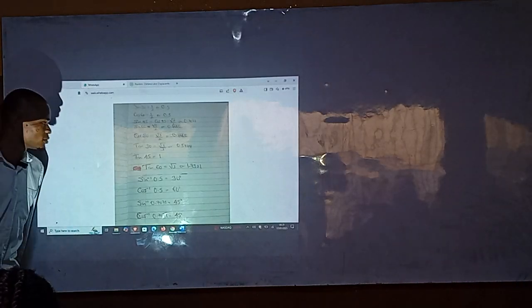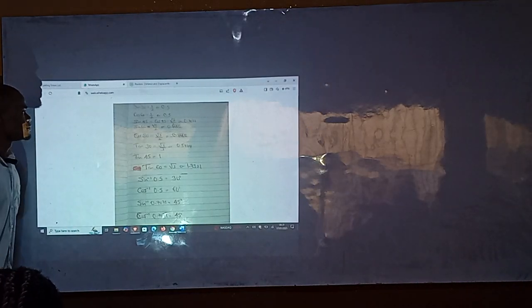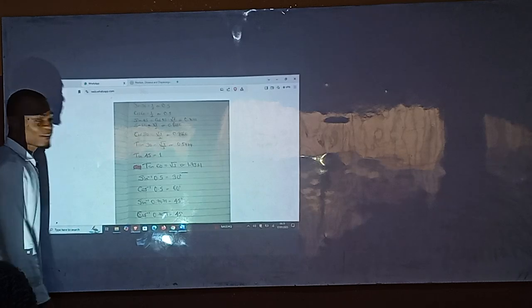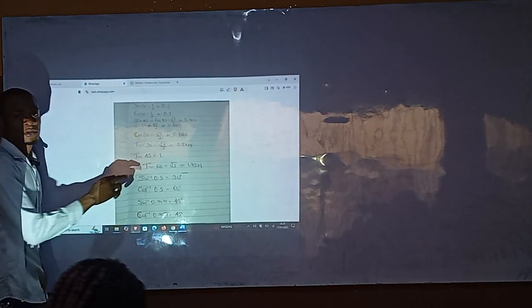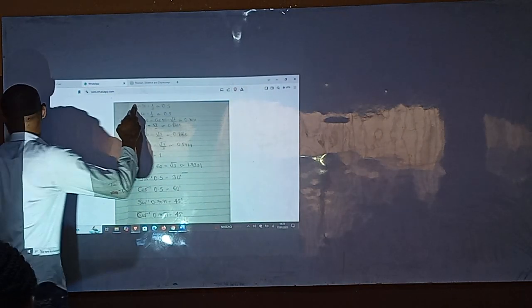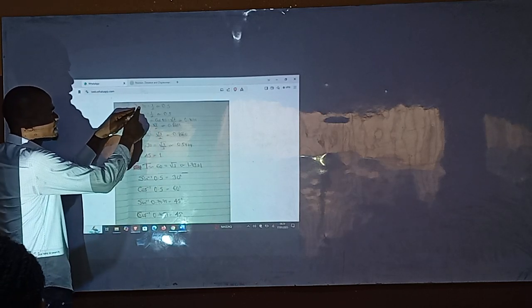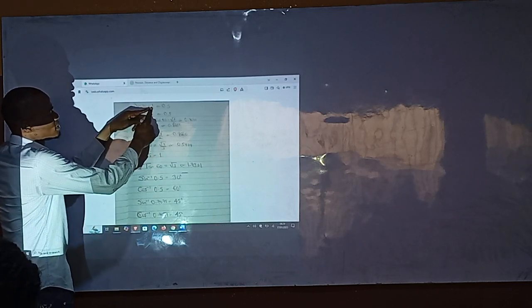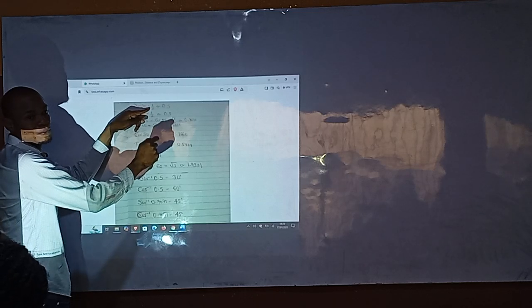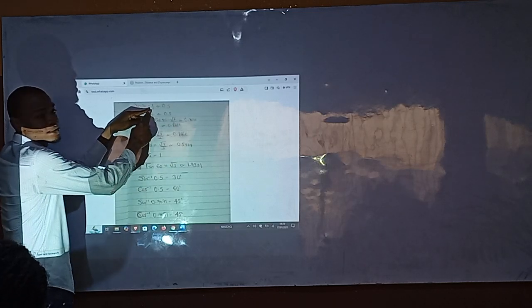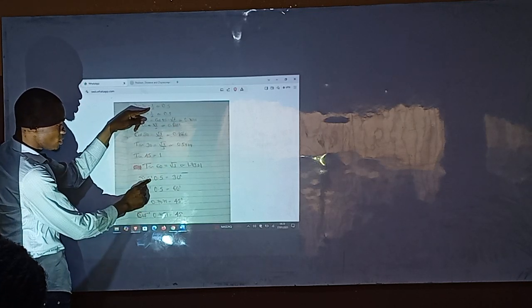Now, that's the arc sine, the inverse of sine. For example, we have sin 30. When you take sine to the other side, in your scientific calculator you press shift and sine to bring this symbol.